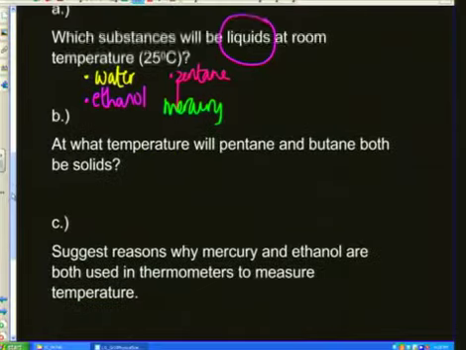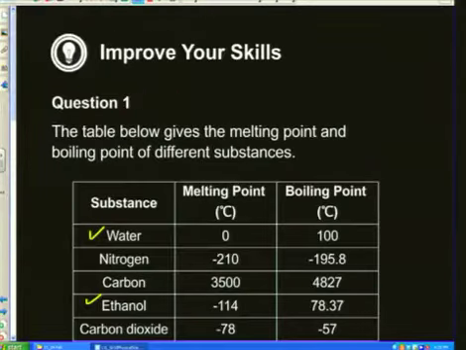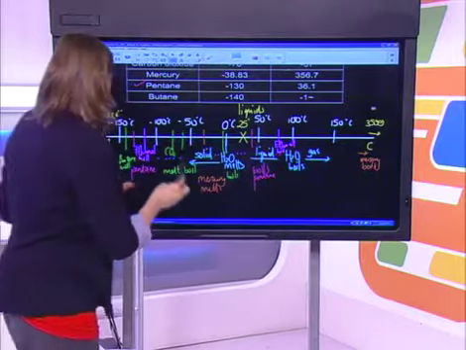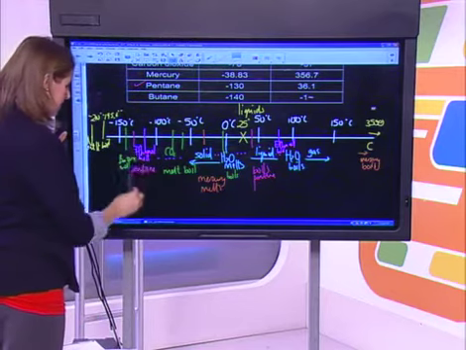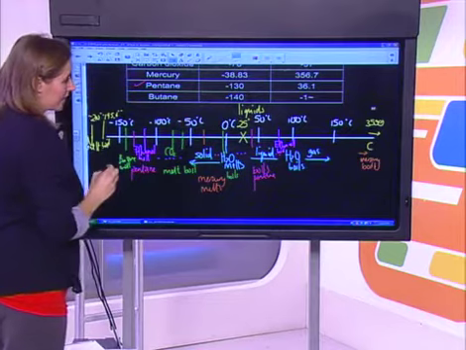At what temperature will pentane and butane both be solids? Now, this is going to be a range of temperatures. I go to my number line and ask, when do they melt? Pentane melts here at minus 130.